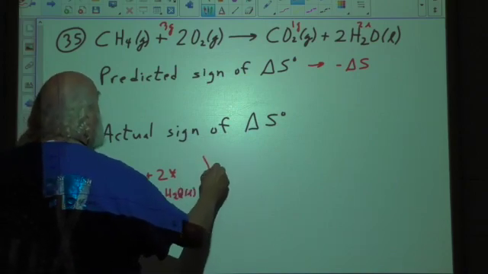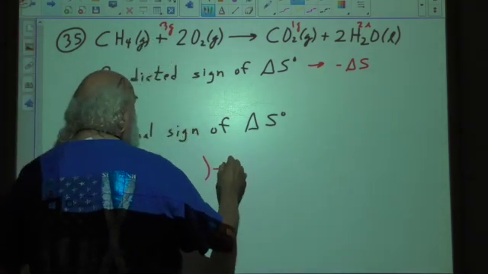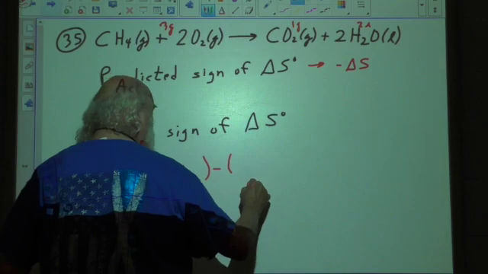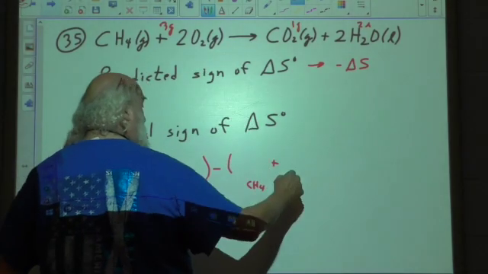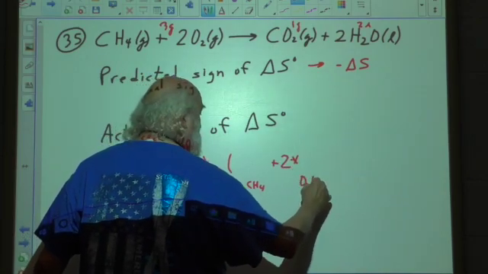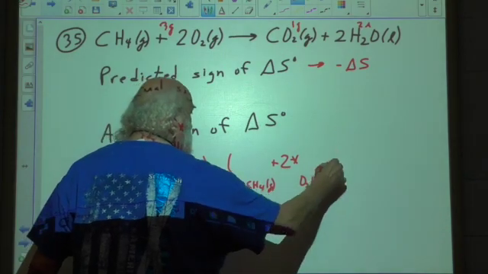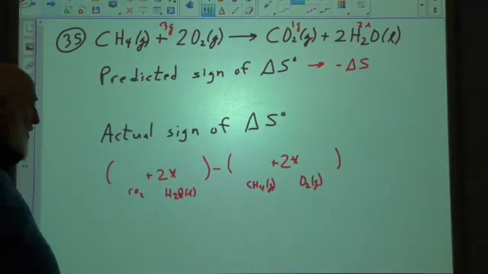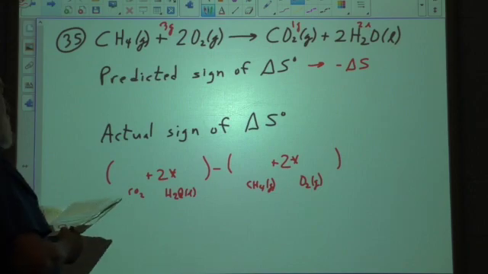Close parenthesis, minus now the reactants. 1 CH4 plus 2 oxygens. It's O2 gas. And this is CH4 gas. Really need to put the phases in because, like I said, they have multi-phases for the same substance. So, go back to the chart on page 812. Let's find these values.